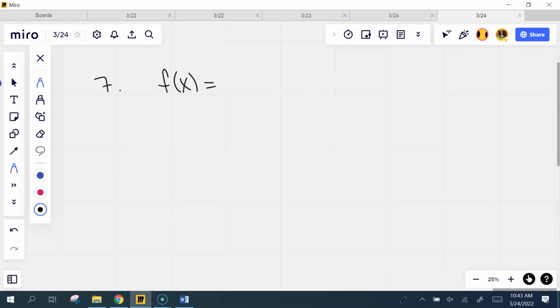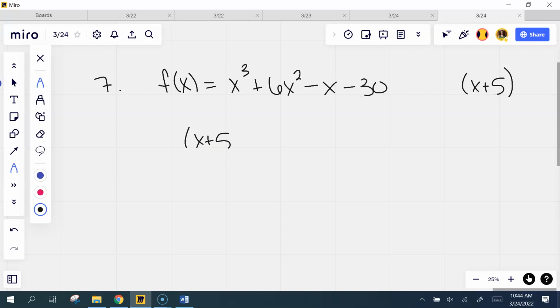I've got a function. And then it says that one of the factors is x plus 5. One of the factors. So that means x plus 5 times something gives me that, right?